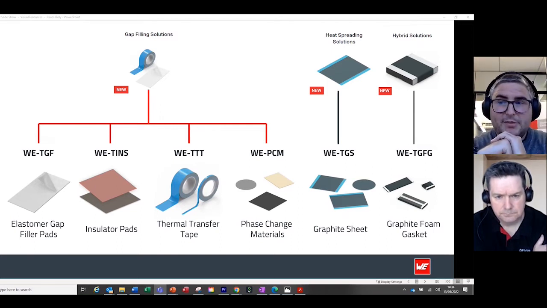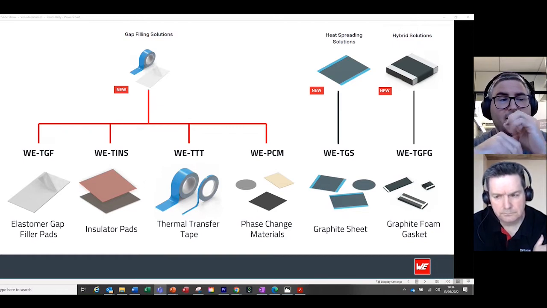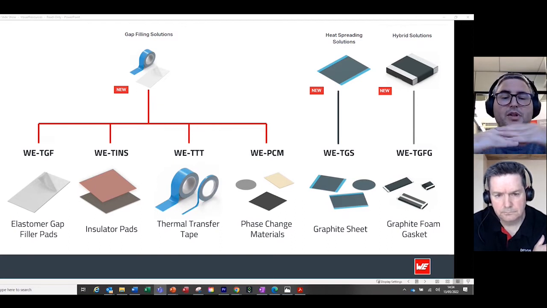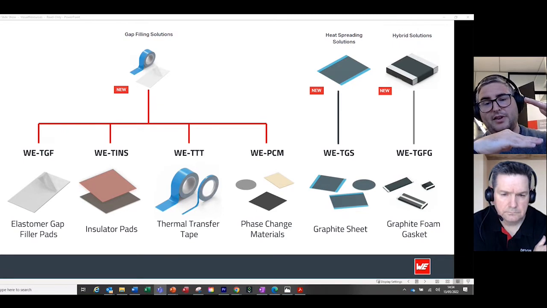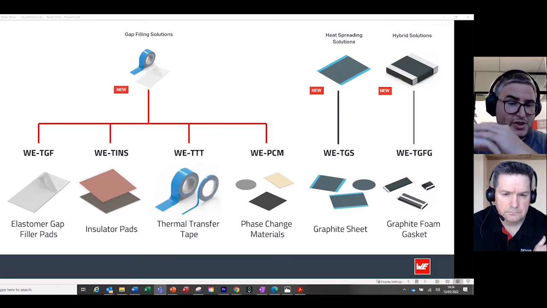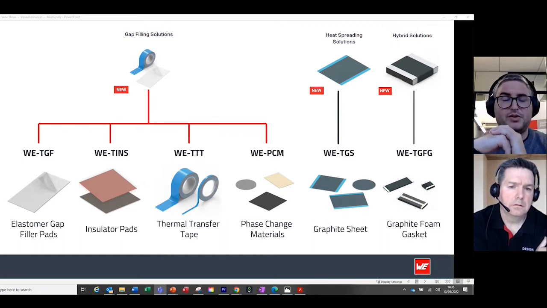And it really does bring some advantages, because one of the limiting factors of the gap filling solutions is, of course, the thicknesses, but also you have to really ensure that the surfaces are completely coplanar. Because if you have any kind of vibrations, the pads might be pushed out, or if they are more compressed on one side than the other, it can lead to some unwanted mechanical events.